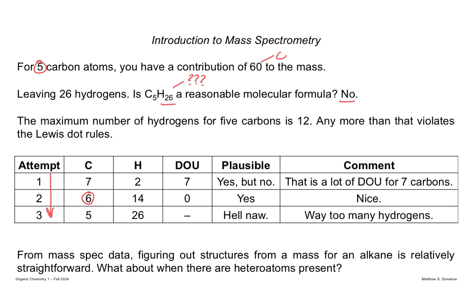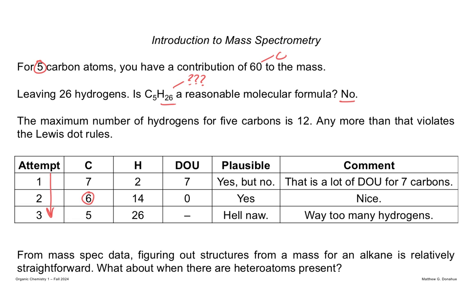And then 5 is unreasonable again because there are way too many hydrogens. So with this type of problem, you're given a mass and you're asked to figure out the carbon count, the hydrogen count, and then whether it makes sense in terms of a molecular formula.